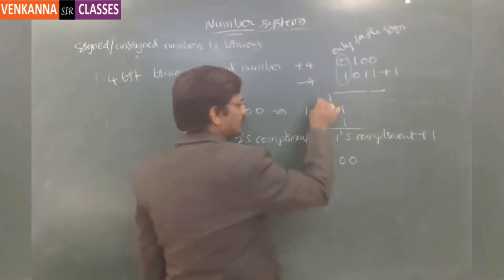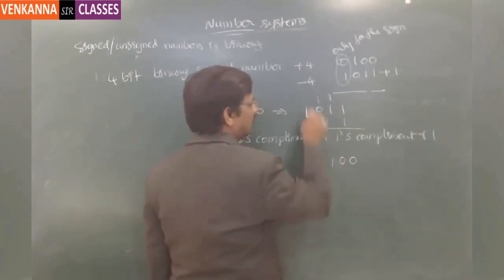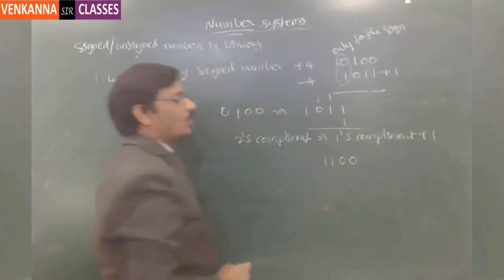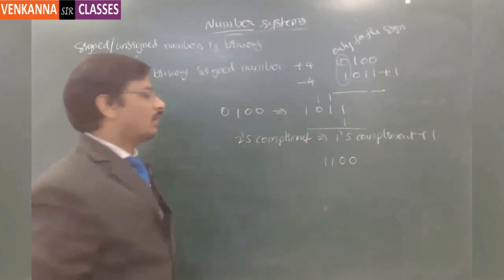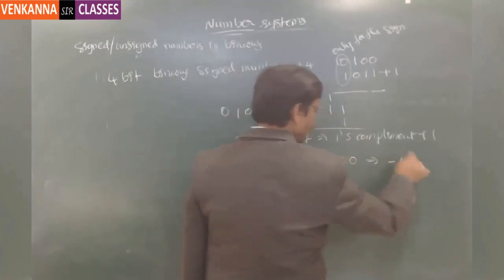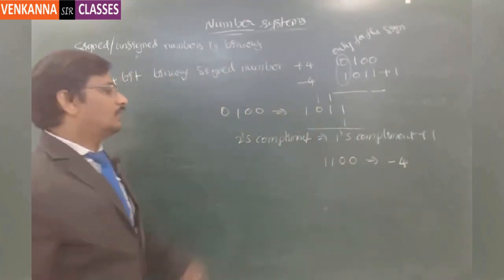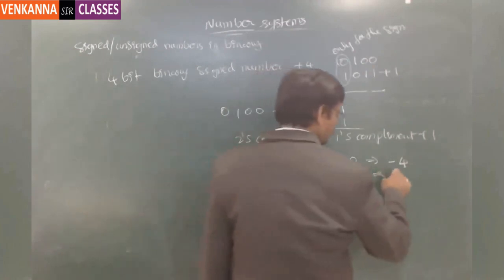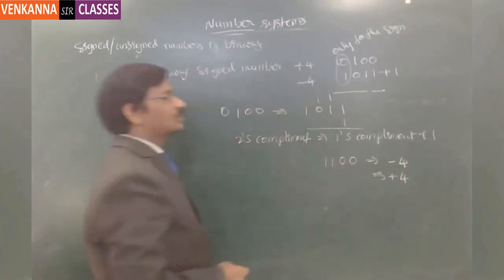Then 1 plus 0 is 1, and then this is going to be 1. So 1 1 0 0 is the 2's complement of this plus 4. So this is representing minus 4. Now if I add plus 4 and minus 4 together, it has to result in 0.